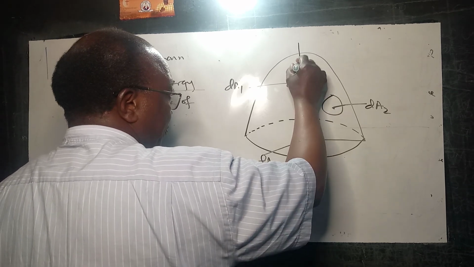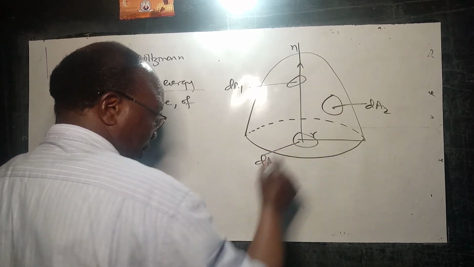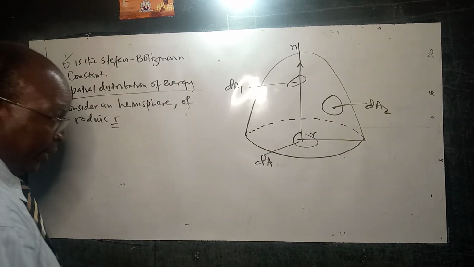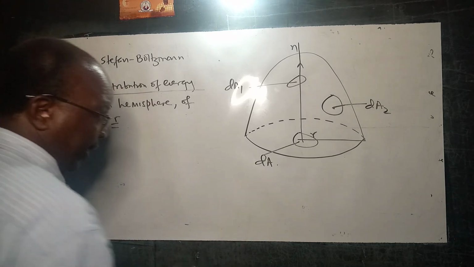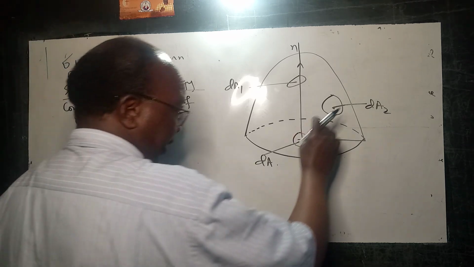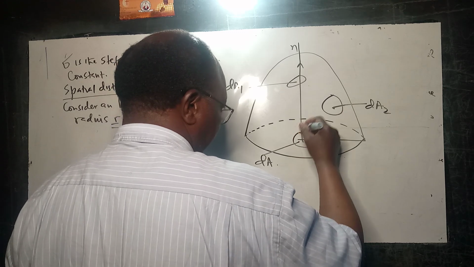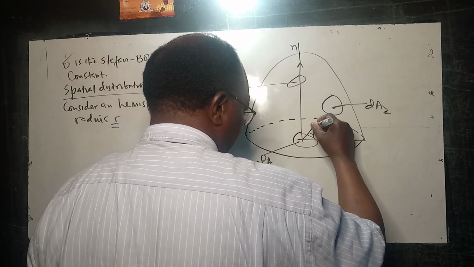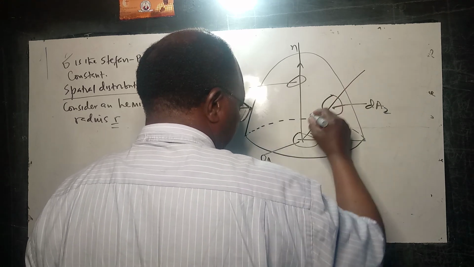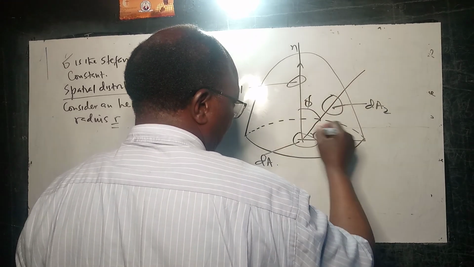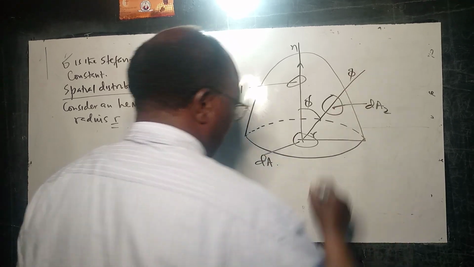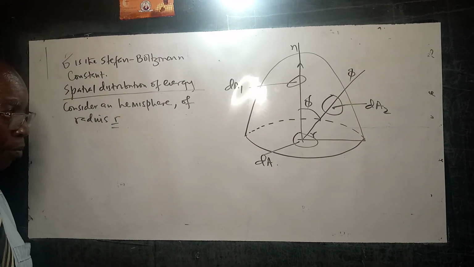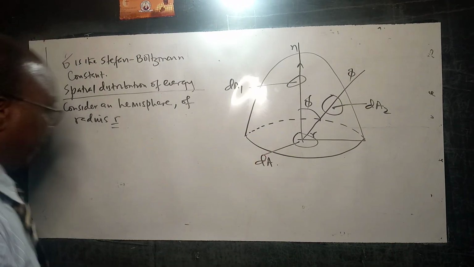normal to the area element dA, and the area element dA2 is some angle phi from that normal to the element dA.